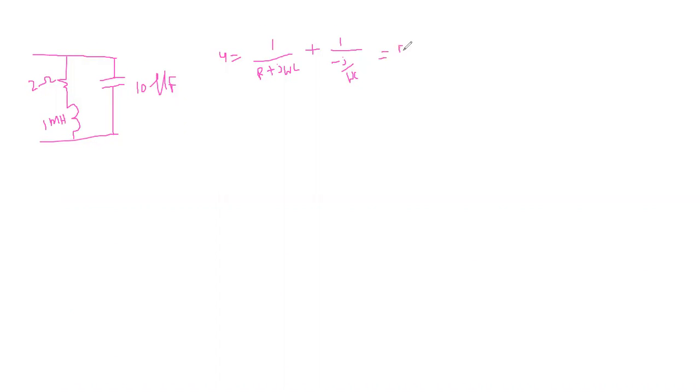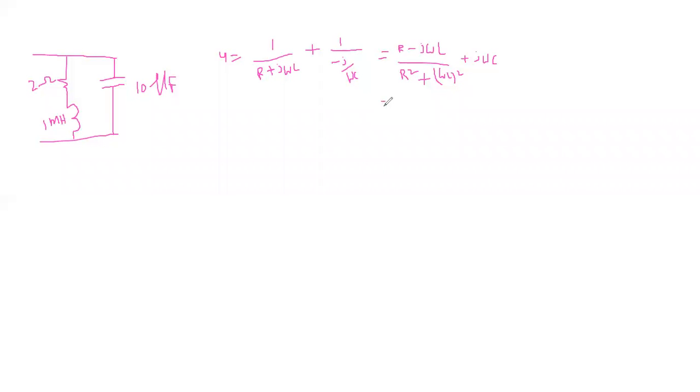See here, R minus j omega L divided by R square plus omega L whole square, plus j omega C. Simplify this. Then in this case, real part terms in one term, and imaginary part in other term.